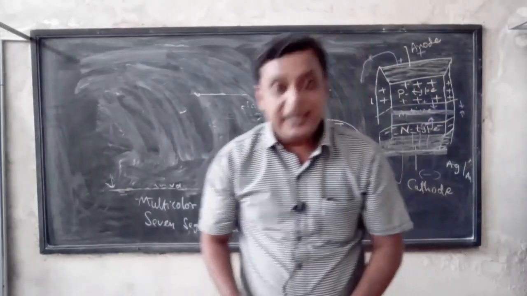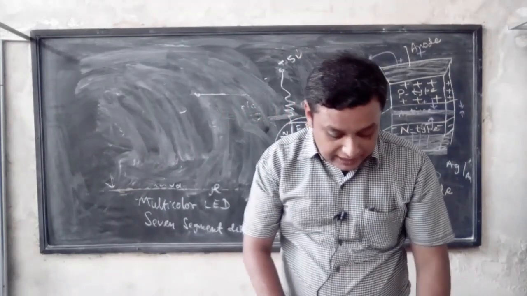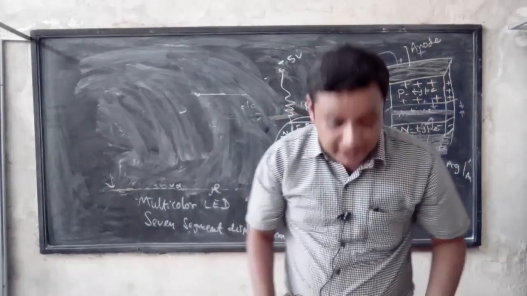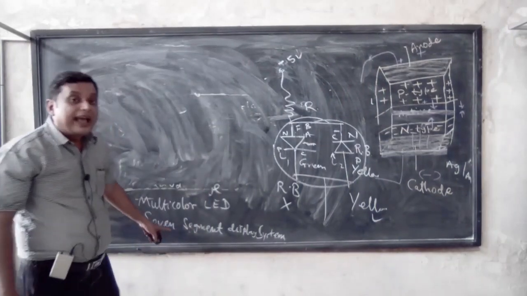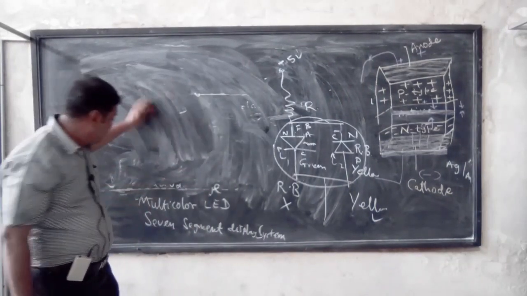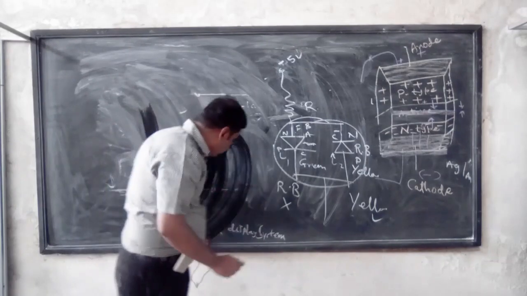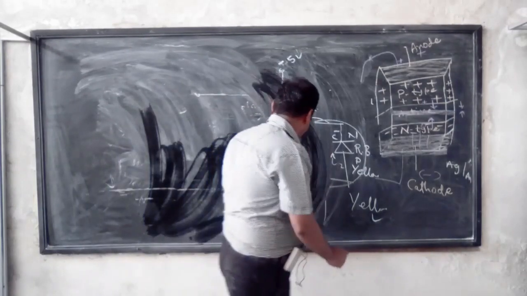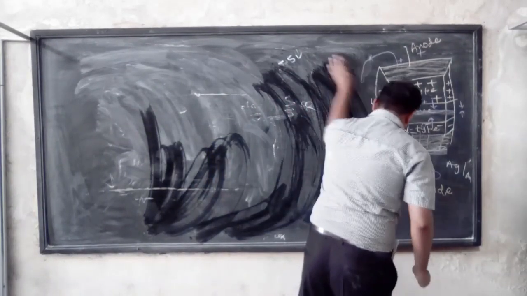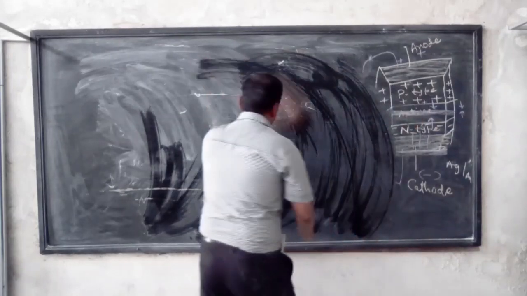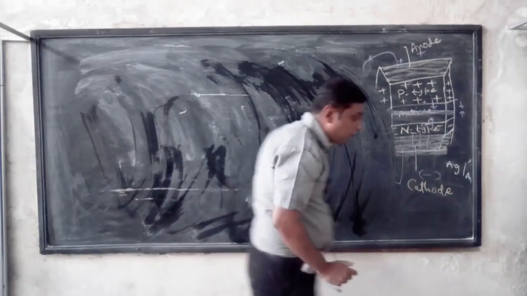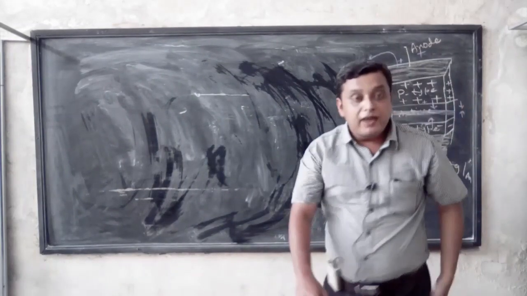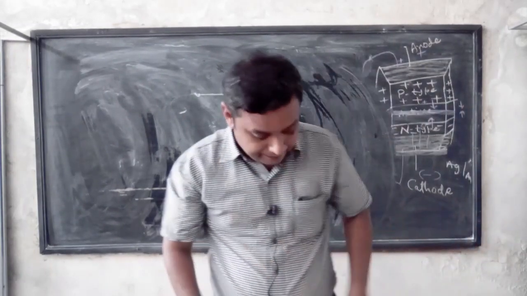So another application is the 7-segment display. This is the last subtopic of this light emitting diode chapter. So what is a 7-segment display unit?